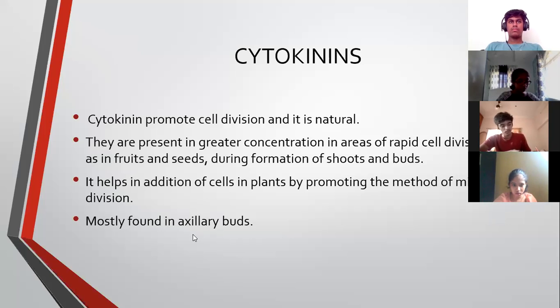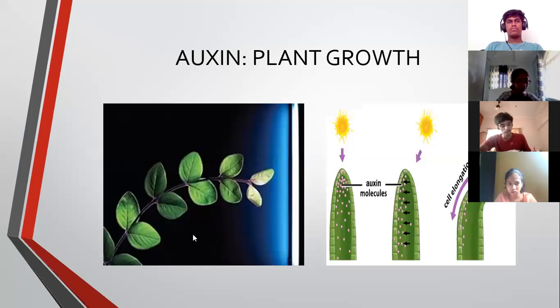So every place where there is a connection of the twig and the leaf, the cytokinin will be present. I will take you to the previous slide to make you understand that cytokinin will be present in every node where the leaf is formed. Here, and the next junction here, then again the next junction here, then again the next junction here. Whereas auxin is present only on the tip.